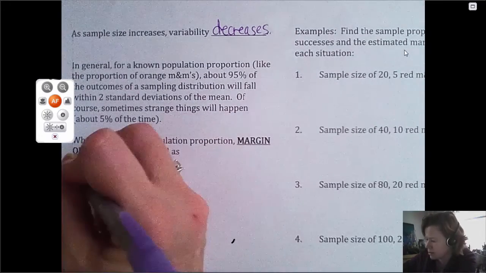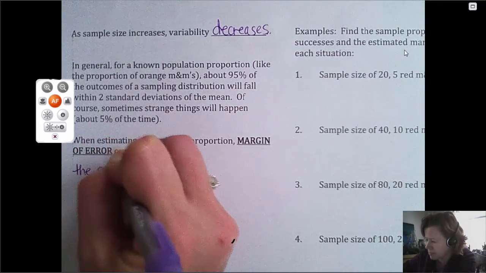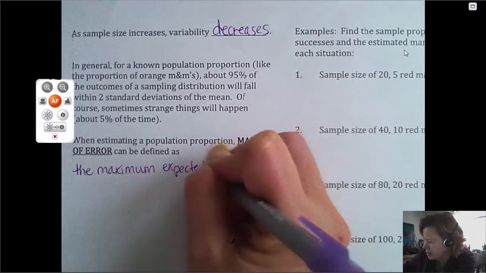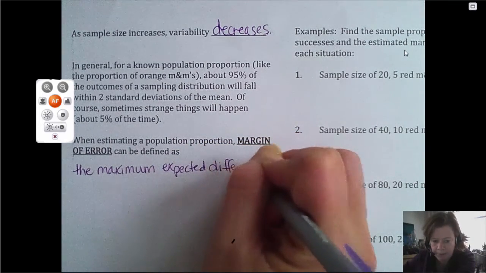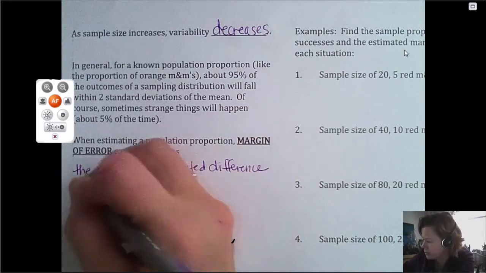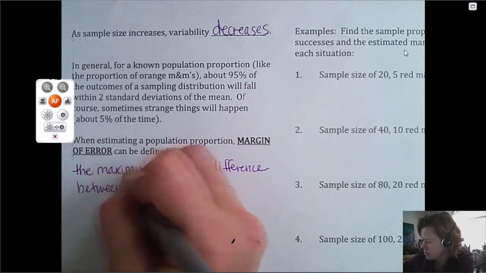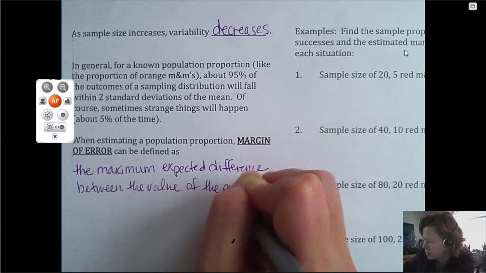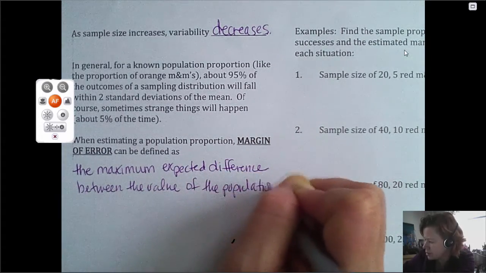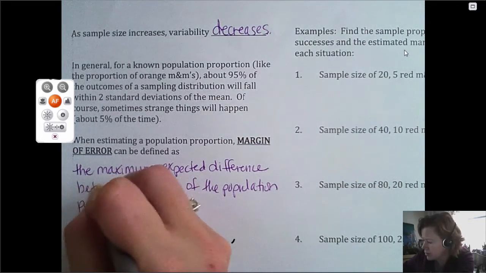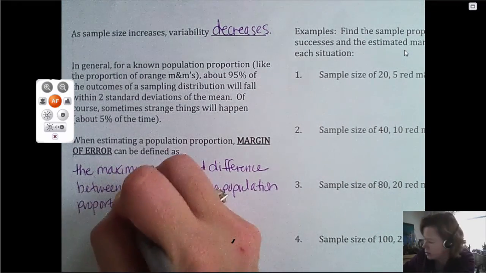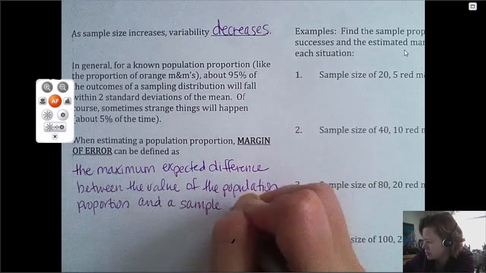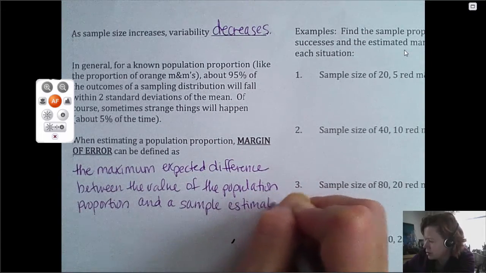It is the maximum expected difference between the value of the population proportion and a sample estimate of that proportion.